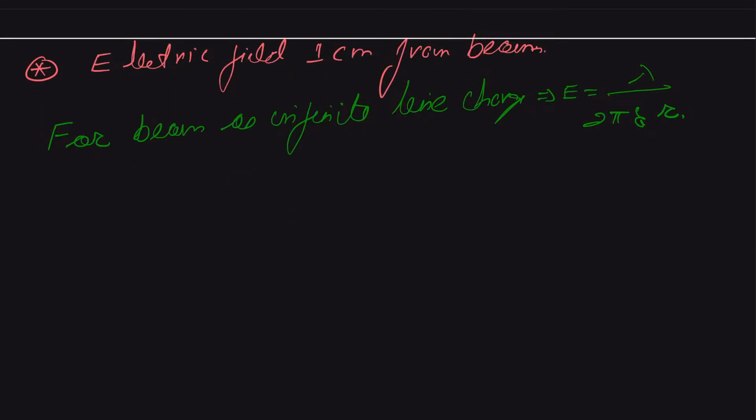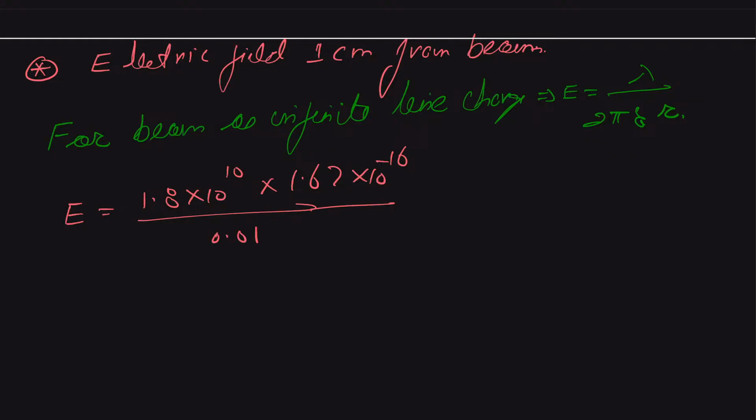We already know lambda as well as r, and 2 pi epsilon is standard. Therefore, the electric field is equal to 1.8 into 10 to the power 10, times lambda, 1.67 into 10 to the power minus 16, and the distance is 1 centimeter, which is 0.01.